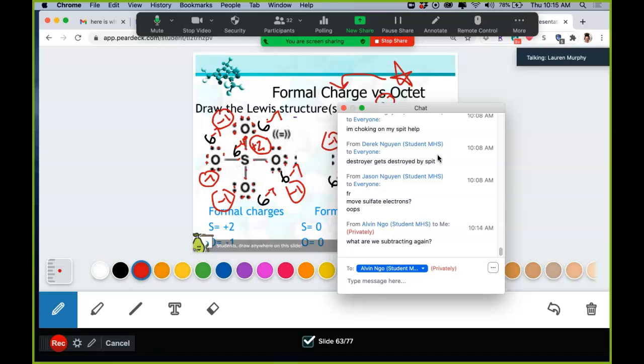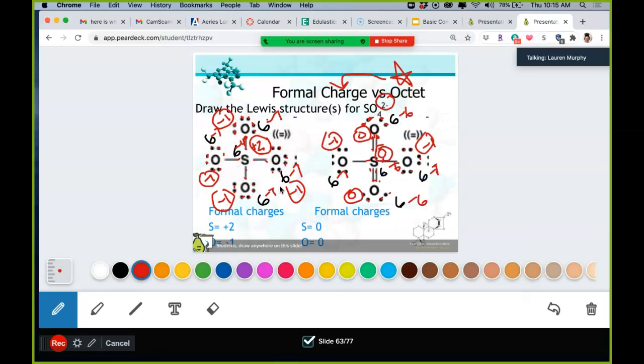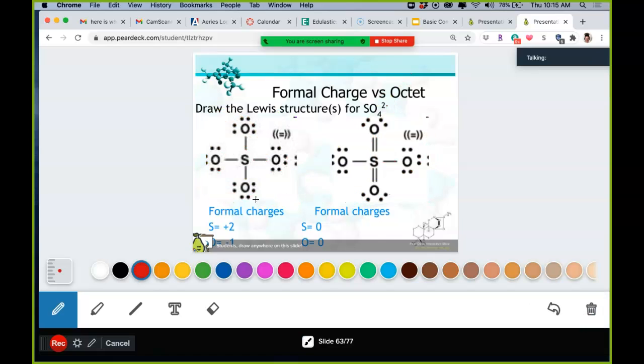So what you're subtracting is how many electrons have been given to it in the structure. The first number we start off with is, according to the periodic table, sulfur has 6 valence electrons. So I wrote 6. And then you have to count how many electrons you've actually given to it.